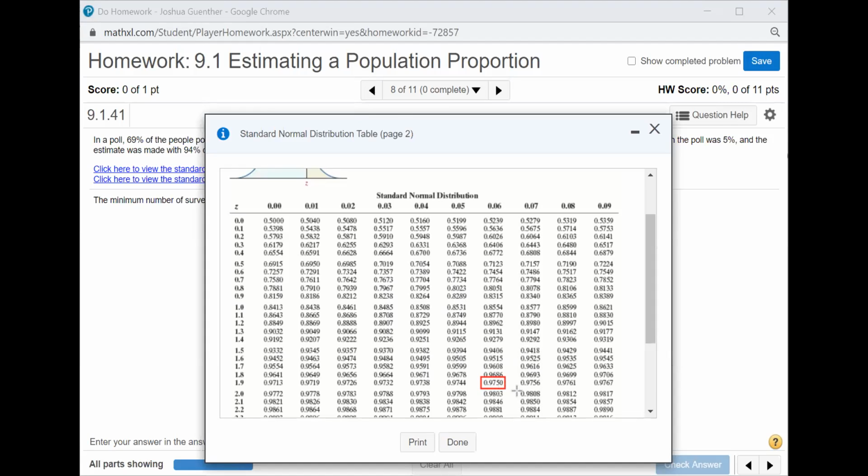That's actually the nice thing about 95% confidence intervals, is that if you're talking about these kinds, then you're going to get a nice simple z-score of 1.96.